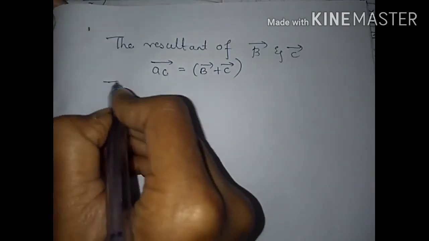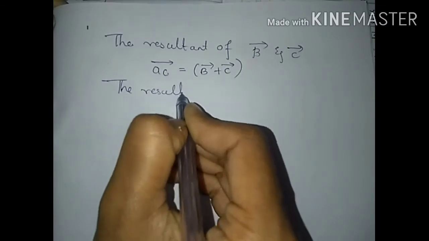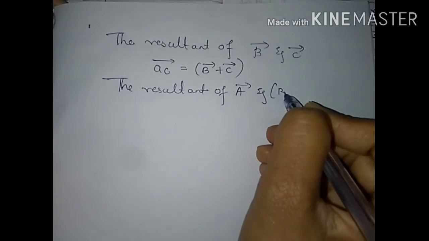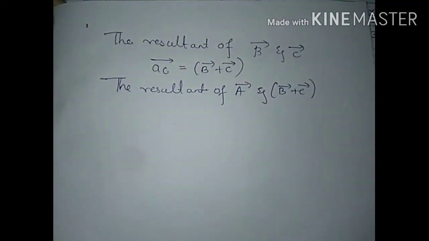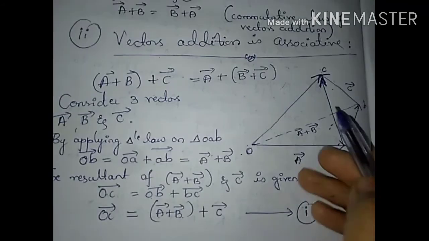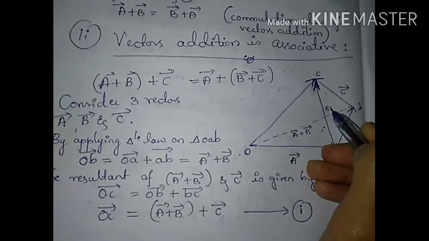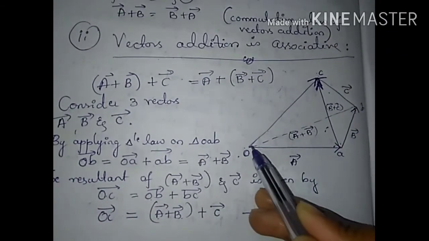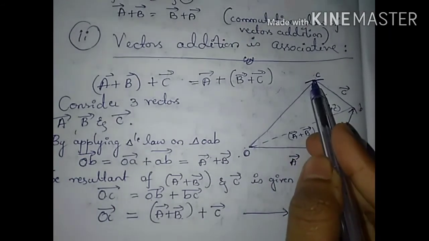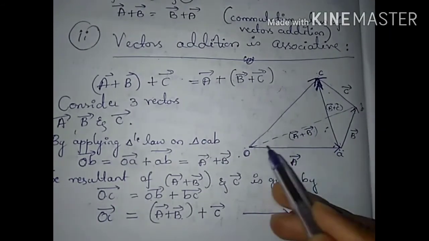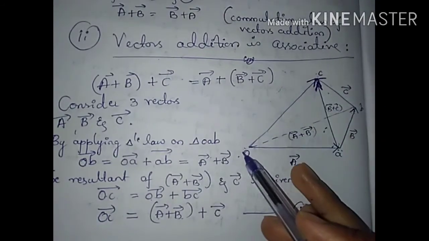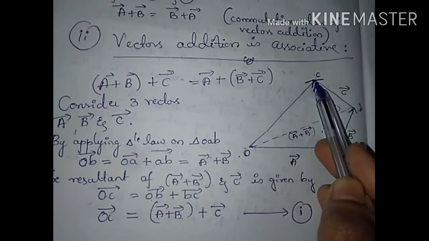So now we have to find the resultant of vector A and vector B plus C, which can be given by the vector OC. Here you have vector B plus C and this is A plus B. To get the resultant of OA and AC, you have to find this vector, which is the OC vector.